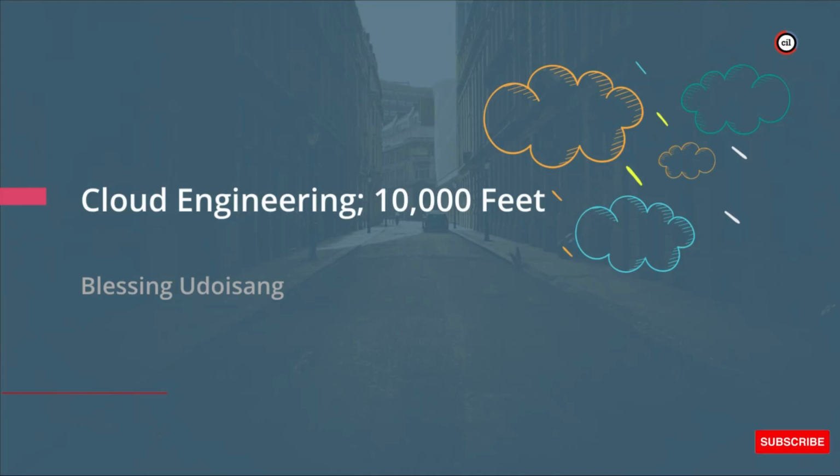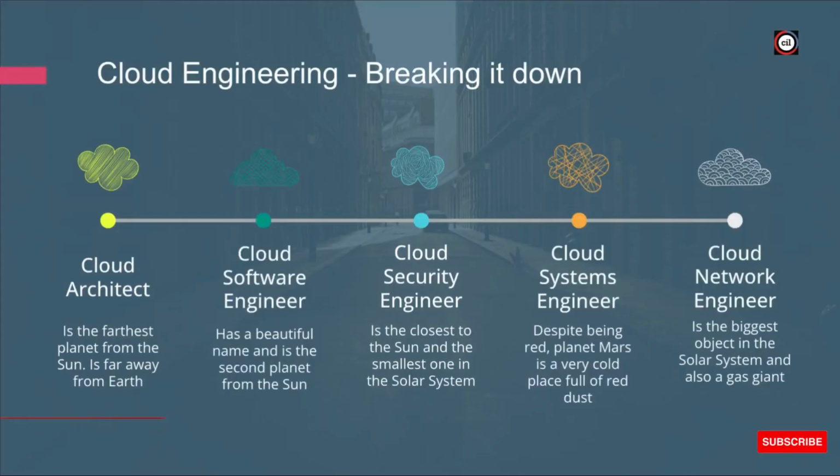Okay. So let's flip to the first one. The first slide talks about, can we go to the next slide, please? Thank you. That one. So it talks about breaking down cloud engineering into the various roles that we see within cloud engineering. And I know some of you might, when I start describing some of these, say, oh, I do a mix of this and that.